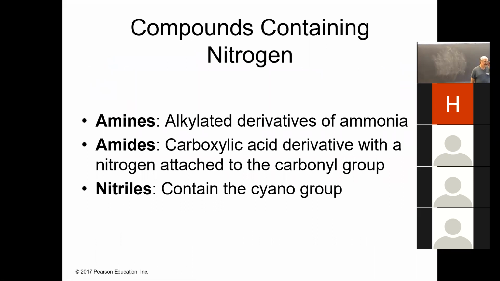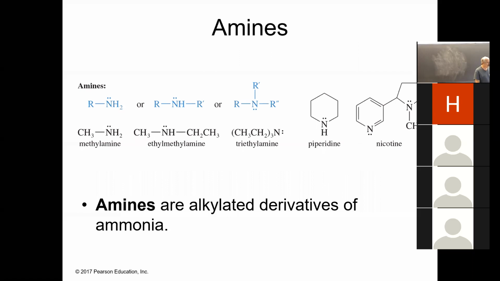Next we'll look at compounds that contain nitrogen. These include amines, amides, and nitriles. We've already seen an example of an amide. So these are amines.